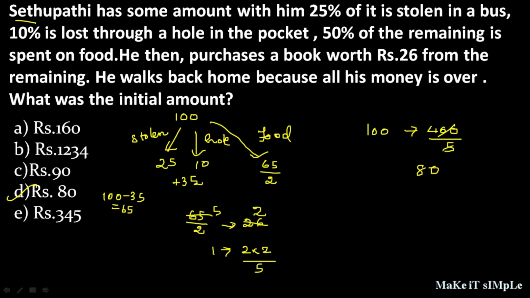So keep on practicing more problems and it will be very easy for you to do the mental calculation. You see here 25 is there, 10 is there. Is there any difficulty in adding this 25 and 10 or subtracting 100 minus 35? No. Okay, so don't write everything in the paper.